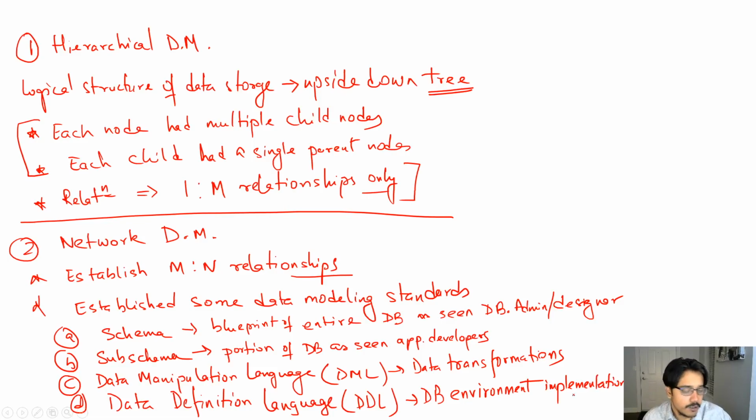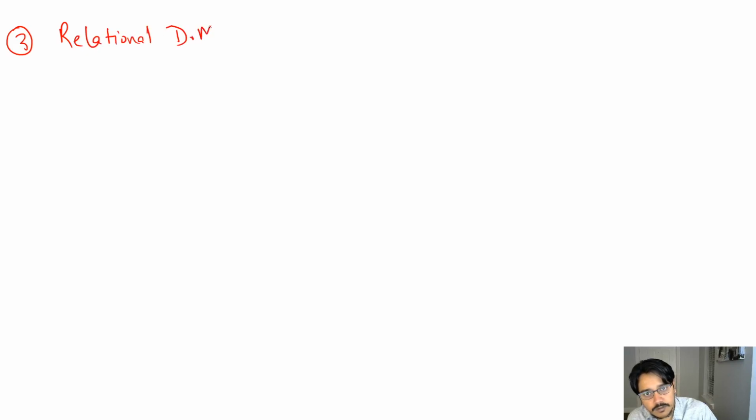Okay. So after the network model came what is known as the relational data model. And the reason behind that is people wanted more simplicity in terms of ways in which they can represent the storage and the functionality of their database. Hierarchical and network models were all well and good, but a bit too low level.